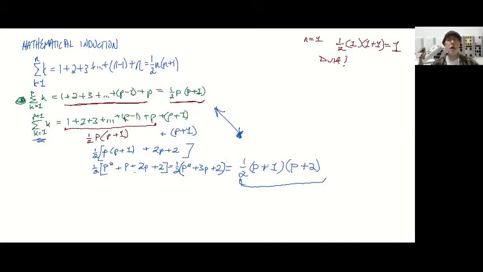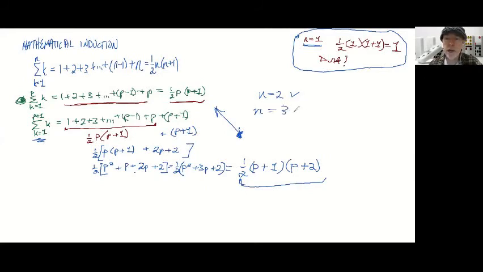So now all we need to do is find a number p, right? Well, we did that right here at the beginning, didn't we? With this trivial result. We know that it works for n equals 1. So by this argument here, we know that it also works for n equals 2. But since it works for n equals 2, it also works for n equals 3.